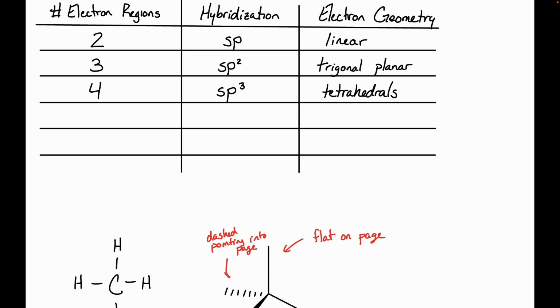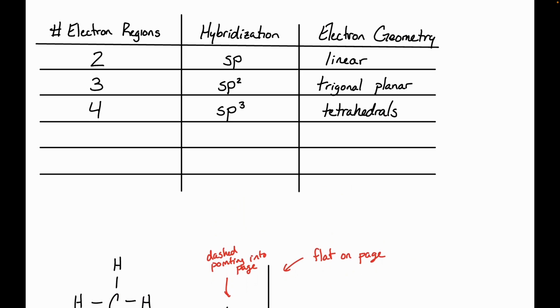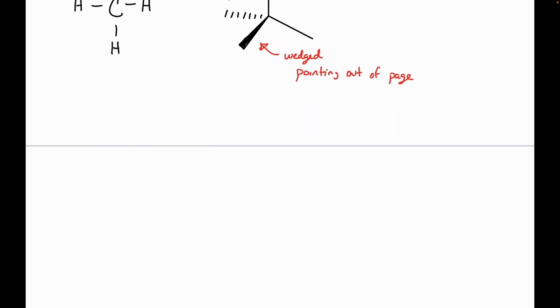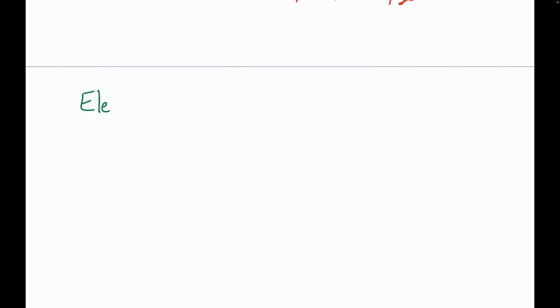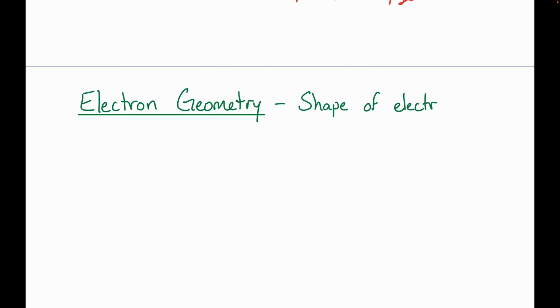Okay, let's stop here for a second and go back and review. So these are our electron geometries, and we're going to distinguish here between two different types of geometries. An electron geometry, this is the shape of the electron in space, i.e. where bonds and lone pairs are pointed.